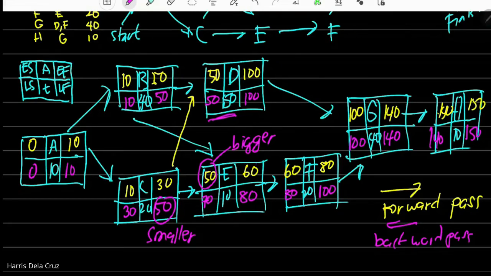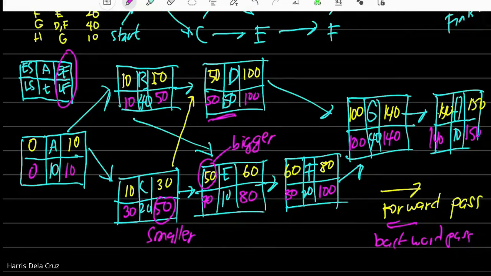Okay. So, ano interpretation nung nakuha nating graph? Ito yung interpretation niya. Para makuha mo yung critical path easily. Ang critical path is kung saan nagiging equal yung early finish sa late finish. So, kailan equal ang early finish sa late finish?